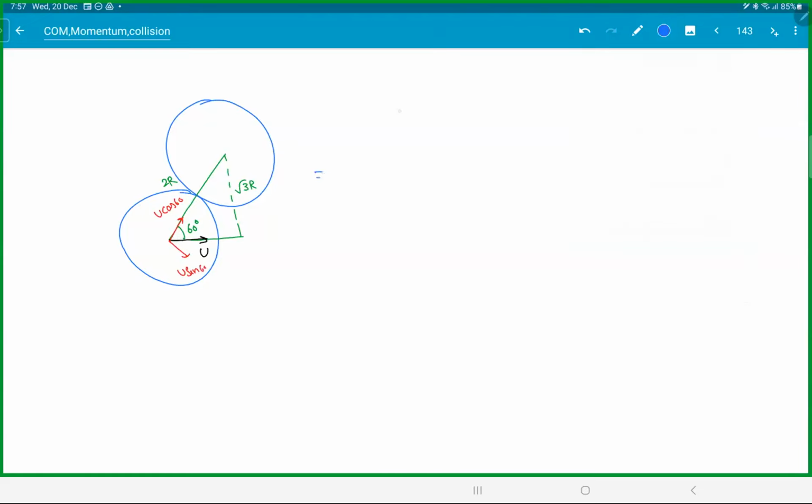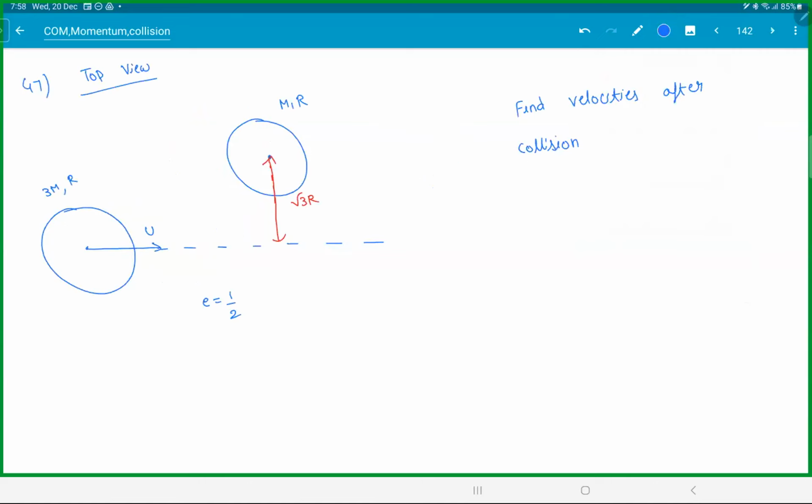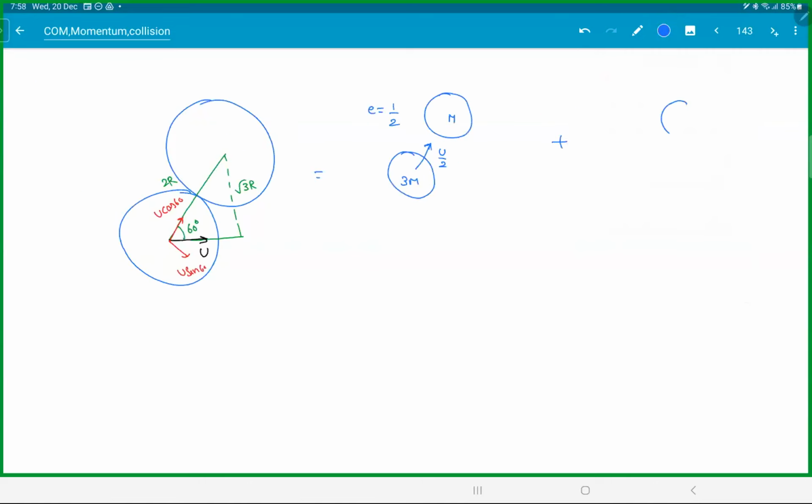So you can split this into two parts. This guy is going with U by 2, 3m, m, and e is equal to half, plus m, 3m, and this is going with U root 3 by 2.